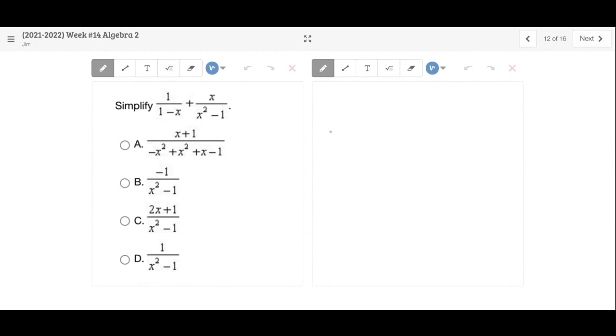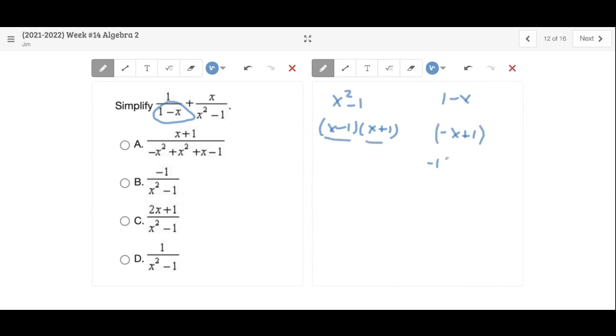However, if you factored x squared minus 1, that factors to x minus 1, x plus 1, doesn't it? Is 1 minus x the same as one of these? And the answer is no, it's not. This would be written out as negative x plus 1. That's not the same thing as this.